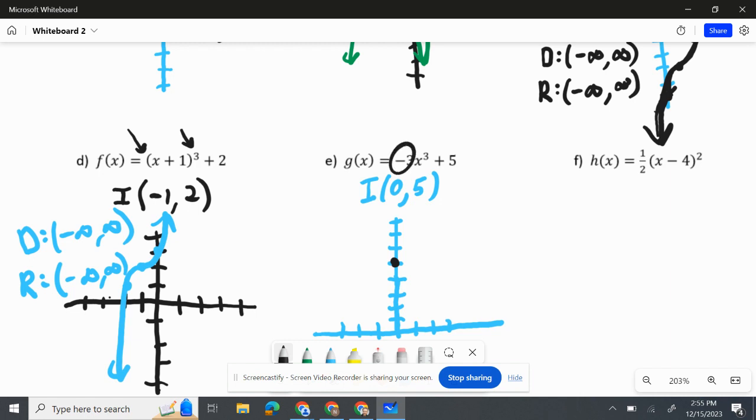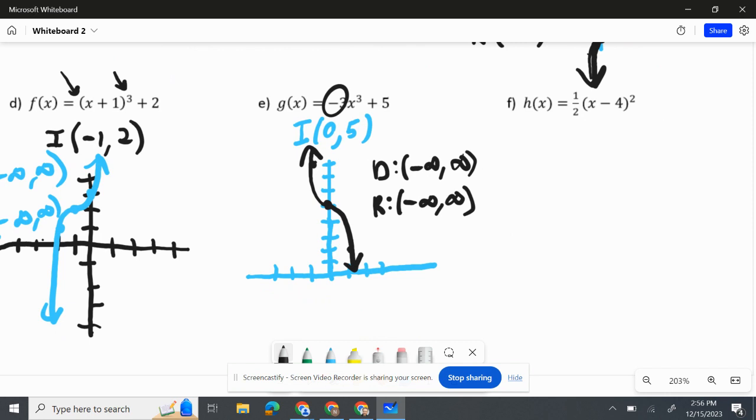Then since my A value is -3, I'm going to go down 3 and then to the right one, and up 3 to the left one. So my graph is going to look like this. Once again, domain and range are the same, -infinity to infinity.